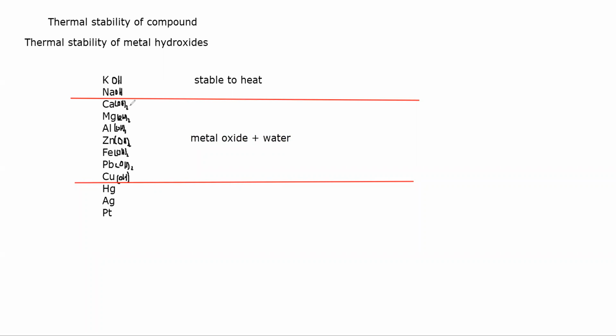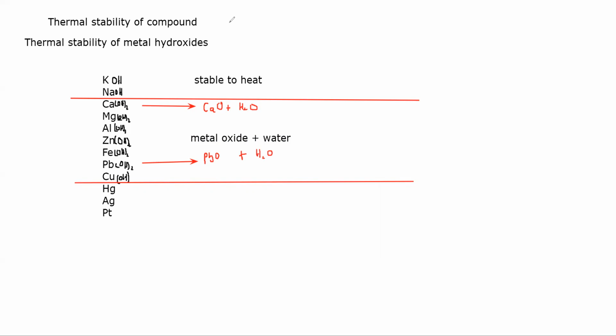So if I supply heat energy to calcium hydroxide, what will be the product? It will form calcium oxide plus water. If I supply heat energy to lead hydroxide, what will be the result? It will form lead oxide plus water.